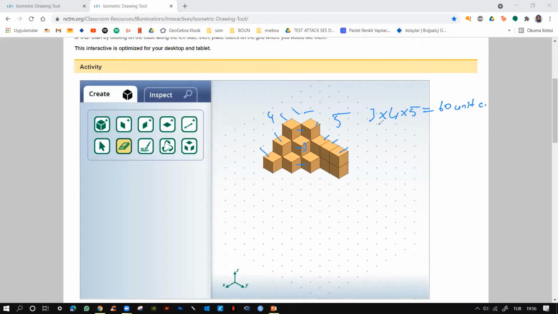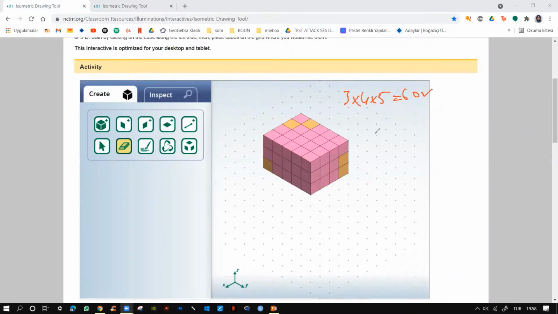But we have only, let's count it, 1, 2, 3, 4, 5, 6, 7, 8, 9, 10, 11. Let's remember, there are 2 more. In this order, 11. Here, 1, 2, 3, 4, 5, 6. Here, 1, 2, 3. And here, 1. Let's count it. 21 unit cubes. I added them. Now, the volume is 3 multiplied by 4 multiplied by 5 equals 60 unit cubes.